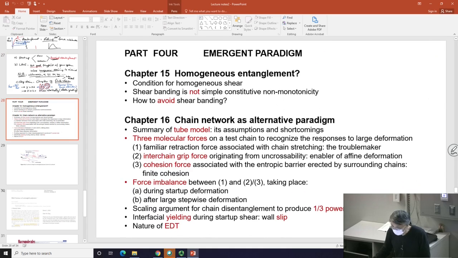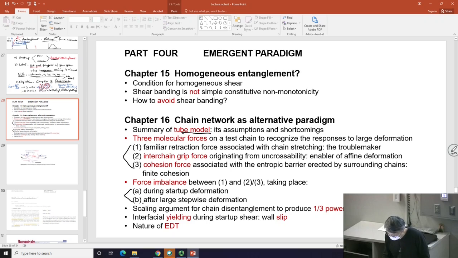And if we look at the outline again, we are in the middle of finishing the discussion in chapter 16. So we had the two model discussed. We talked about all the three forces, and we are now marching on to say a little more in detail about the forcing balance under these two conditions.